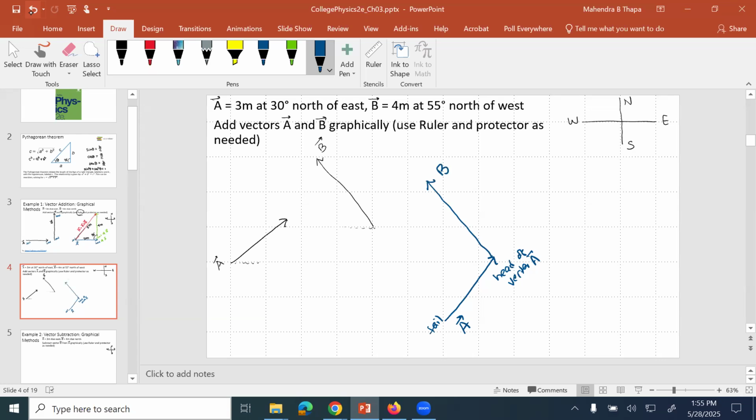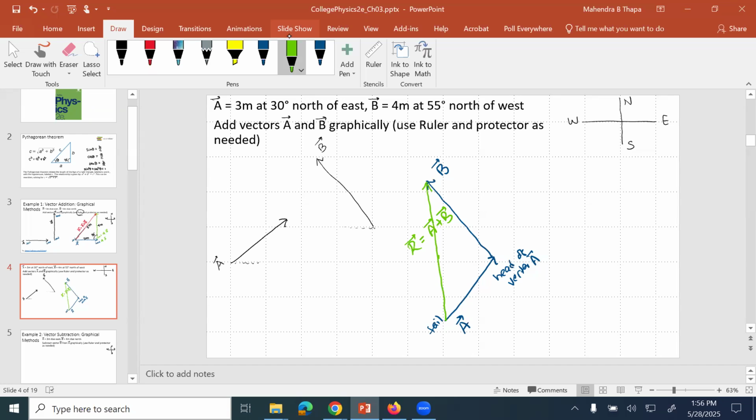Okay, use the ruler and protractor. According to the rule, if you join the tail and head of this vector, this gives you the total, right? Total. Symbolically this is A plus B, but this time that length may or may not be 5.